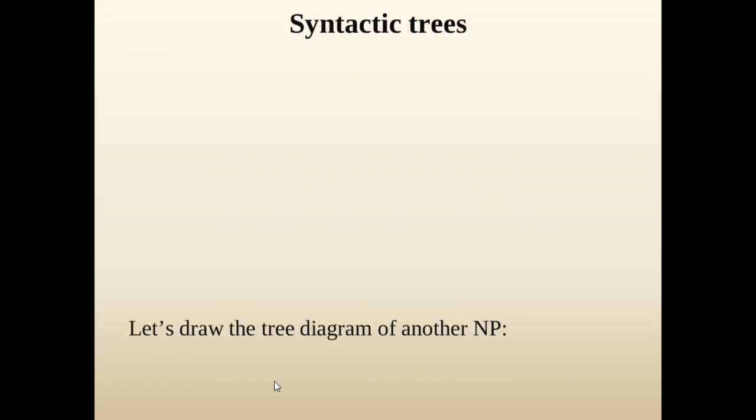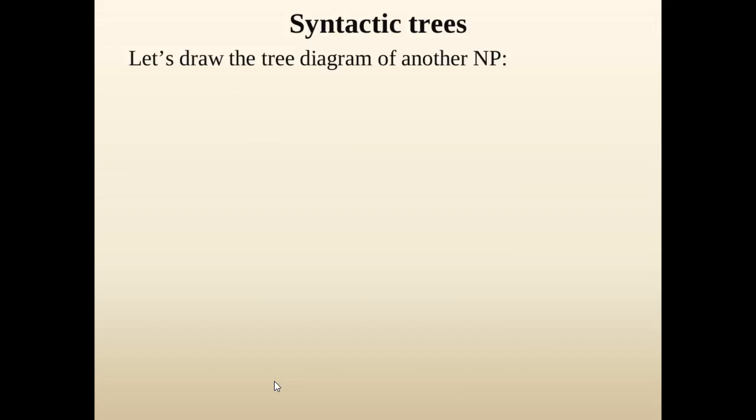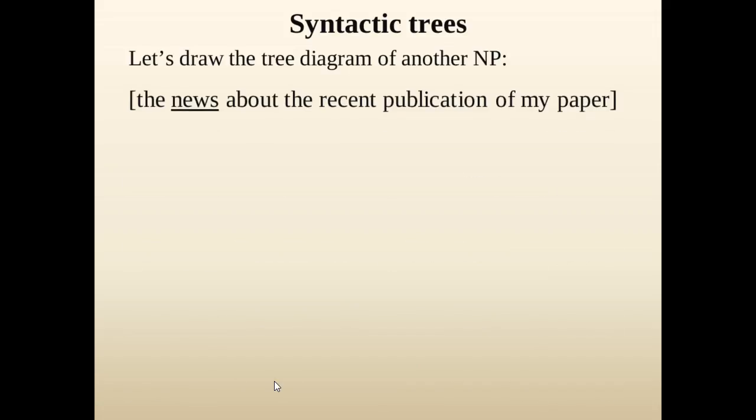Now let's try to do the same with another NP, a slightly more complex noun phrase: the news about the recent publication of my paper. We need to approach the task in essentially the same way. In the first place, we need to identify the immediate constituents of this noun phrase.